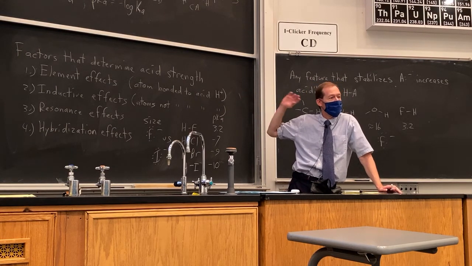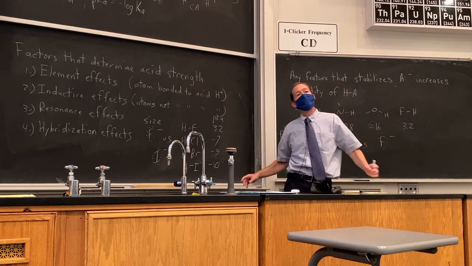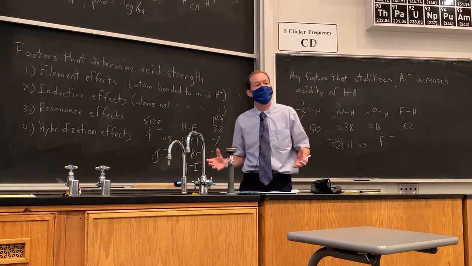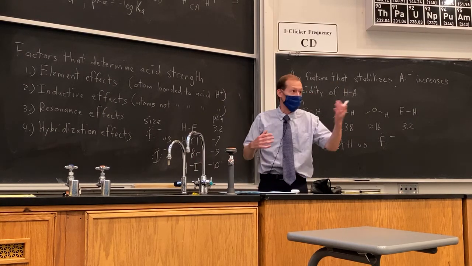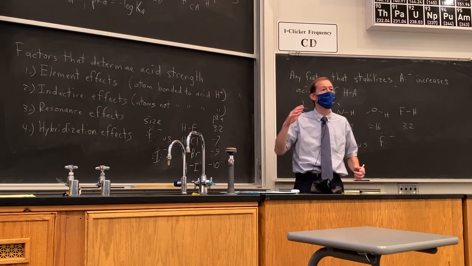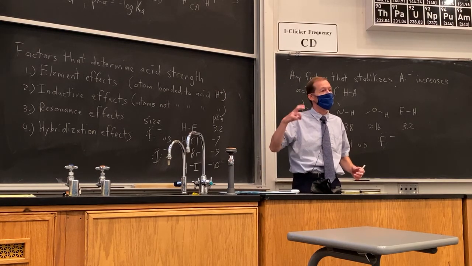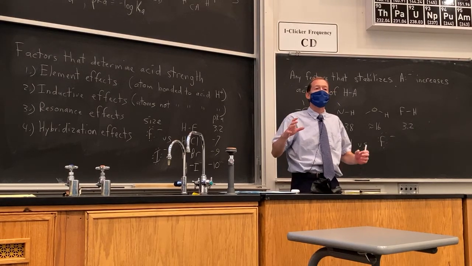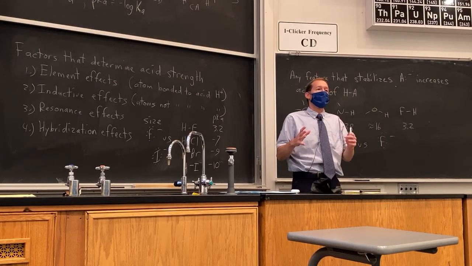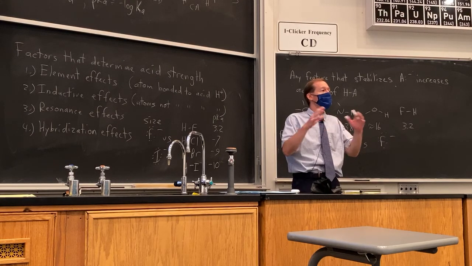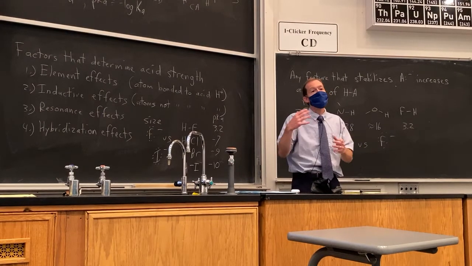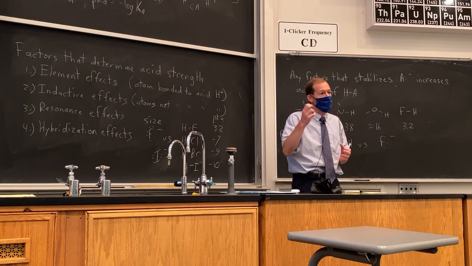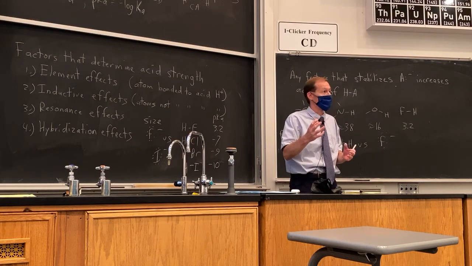So which of those anions has that charge spread out over a larger area? Iodide, okay? So when you're comparing two elements from the same column, it's not the electronegativity that makes the biggest difference. It is the size, because the larger anions can spread out that negative charge over a larger area, and that is more stable than having that negative charge confined to a smaller area, okay?